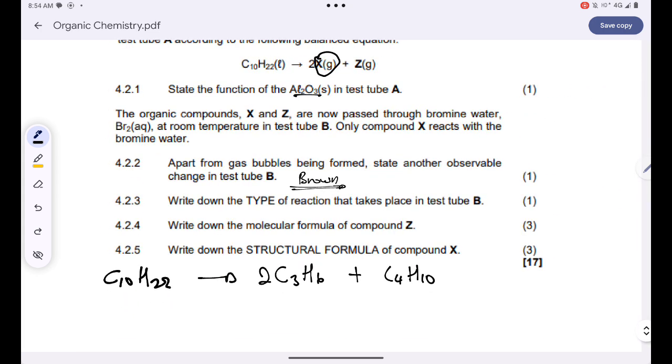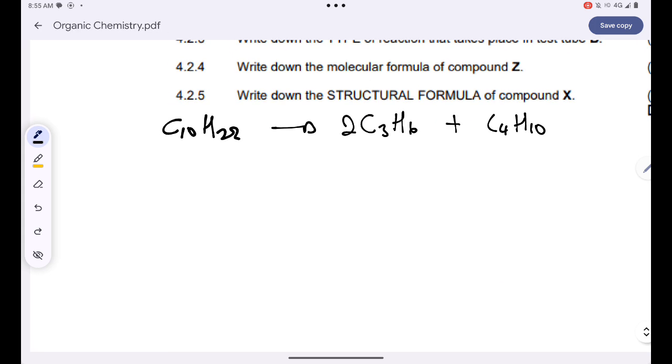And then write down the type of reaction that takes place in test tube B. In test tube B, I'm taking C3H6. I'm reacting it with the bromine, plus Br2. What will happen over there is that this bond will separate, and then we'll end up having Br and Br.